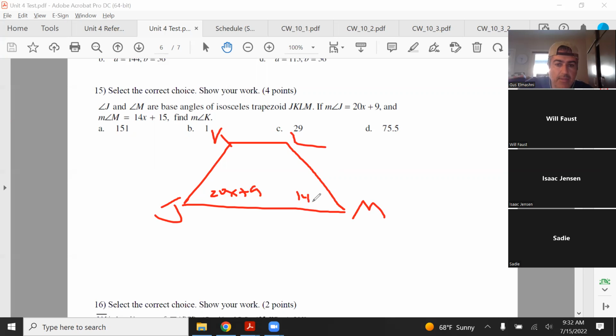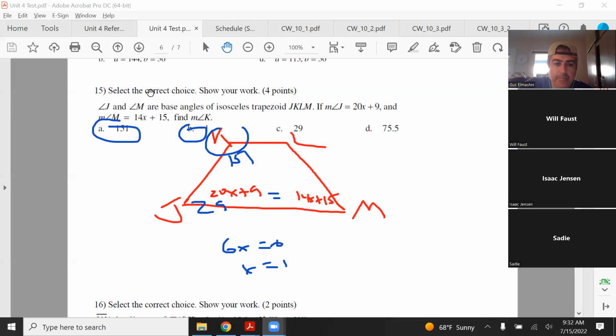M is 14x plus 15. Okay, set them equal. 6x equals 6, x equals 1. So somebody got circle B, but the problem didn't ask for x, it asked for K. So now you've got to solve for this guy. Well, this is going to be 29 when you put 1 for x. This will be 151 because they have to add up to 180. So you get A.